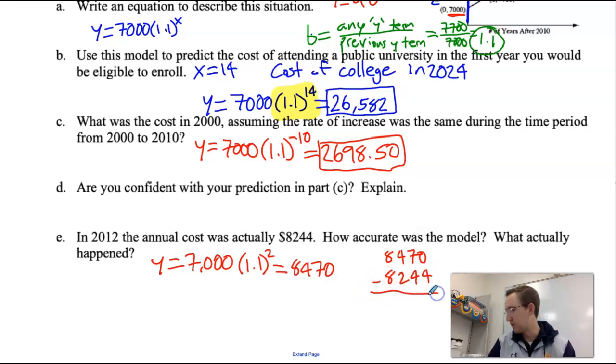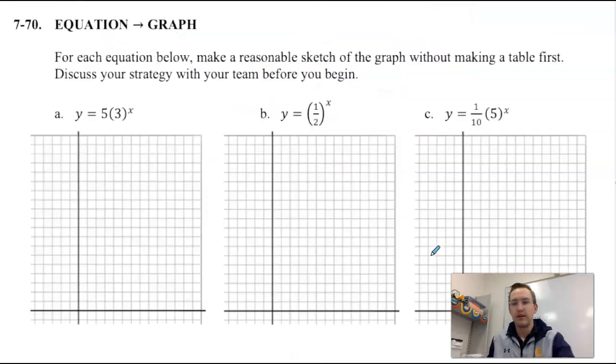That's a difference between those two of $226. Because the actual cost was less than what our model was telling us, the cost of college isn't increasing as fast as our model initially told us, which is good news because college is already expensive enough the way it is. Perfect. Let's move on to the next one, number 70.